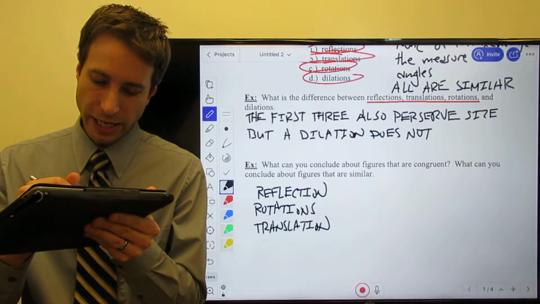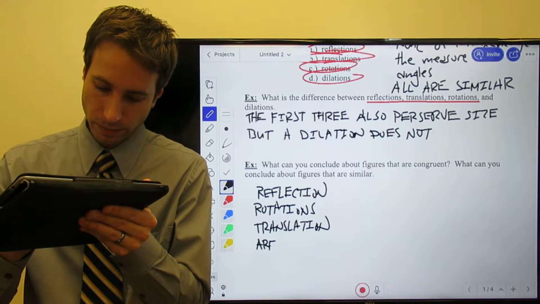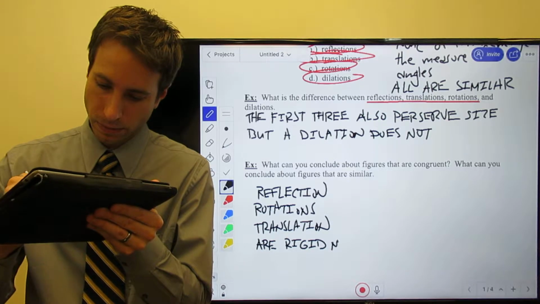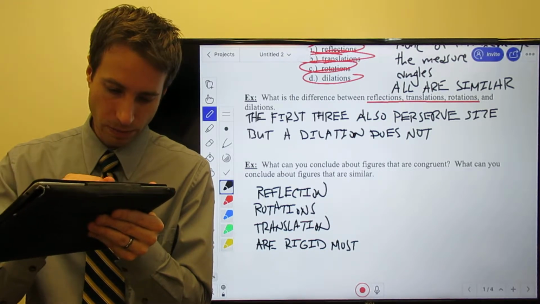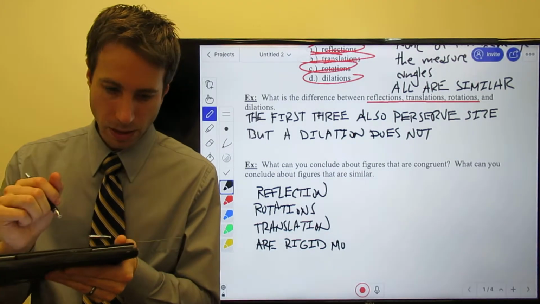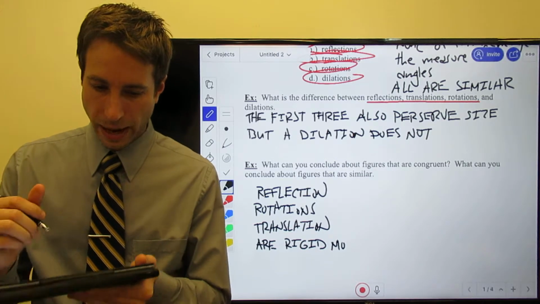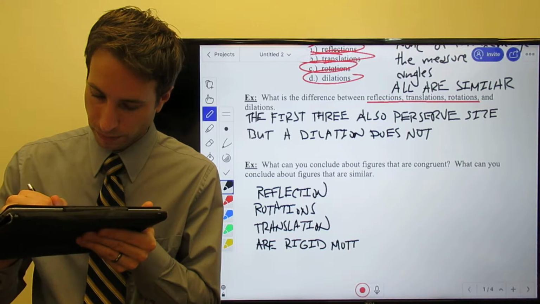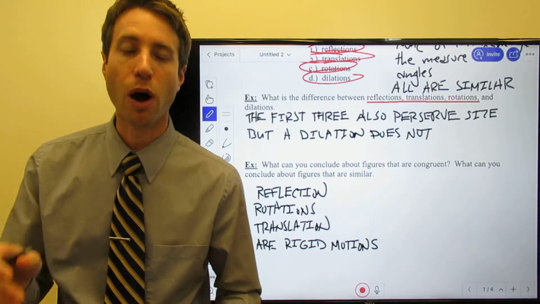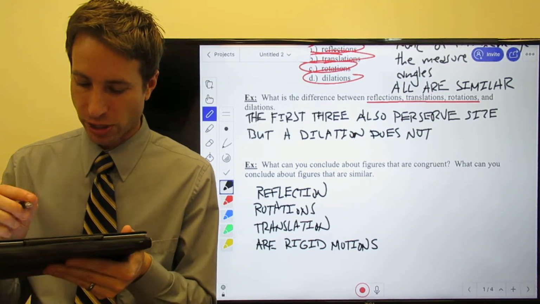Reflections, translations, and rotations are rigid motions, which maintain congruence, the same size and same shape.